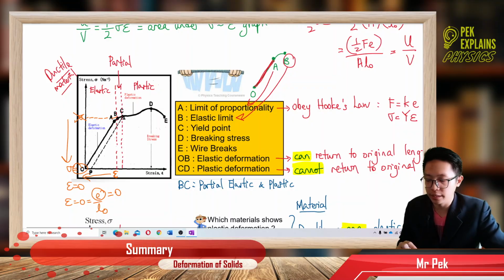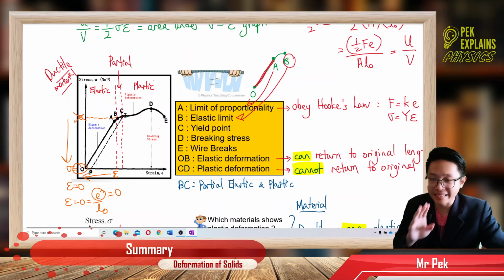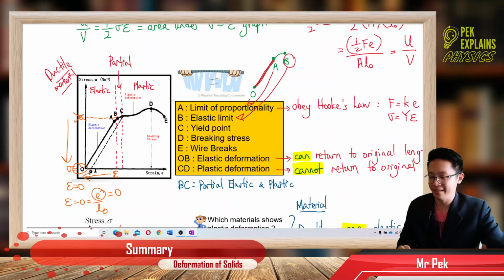From B to C, it shows partial elastic, partial plastic. That means if from point B I pull to point C, it still can go back toward its original shape, but not entirely. If you release the stress back to 0, the strain becomes P.